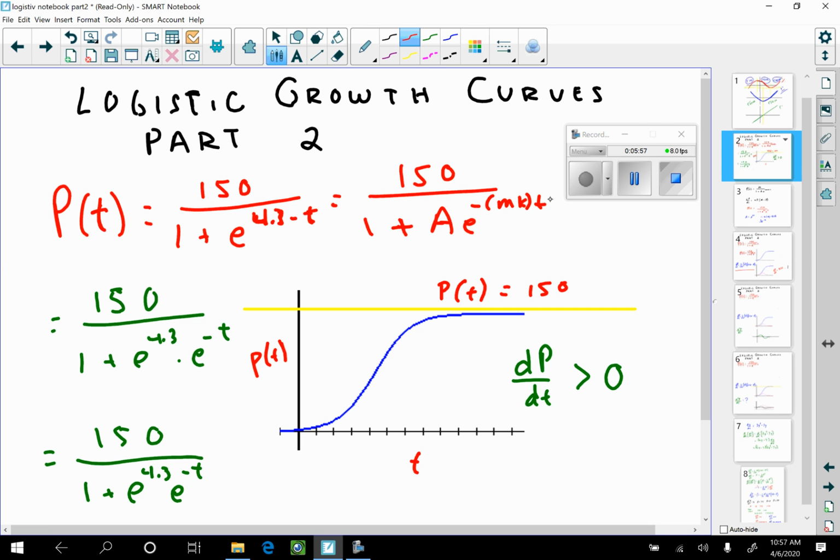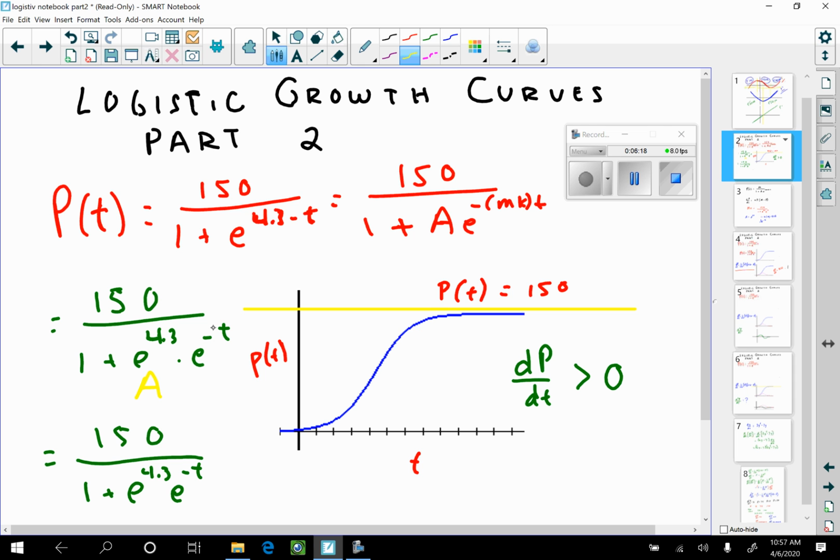Right now it doesn't look like that. You might have to pause the video and see what I'm doing here. I'm taking this e to the 4.3 minus t and separating it into e to the 4.3 times e to the negative t. This creature right here is my a.